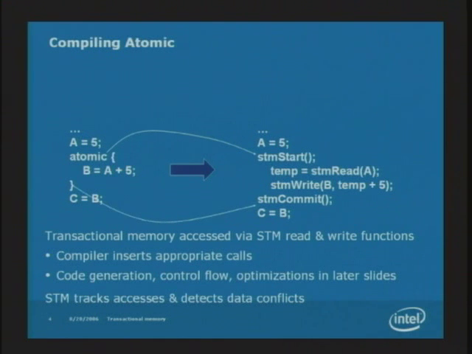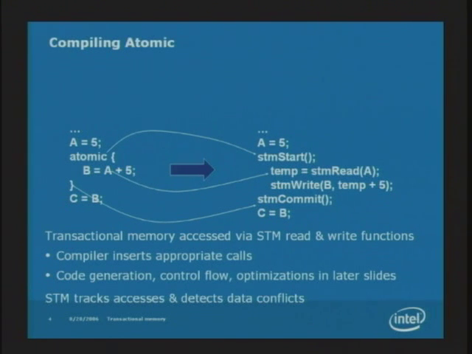When you get to the end of the transaction region, you have another call to a runtime function that says now we need to commit all of the speculative updates that we have made inside the transaction region. Each of these shared memory accesses, in general variables that the compiler cannot prove are thread local, has to be instrumented so that you can keep metadata on the side that detects all of the conflicts.